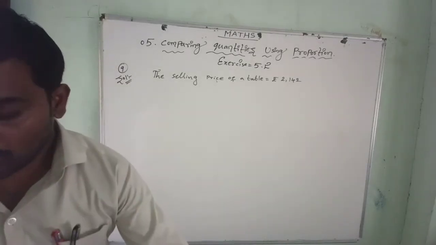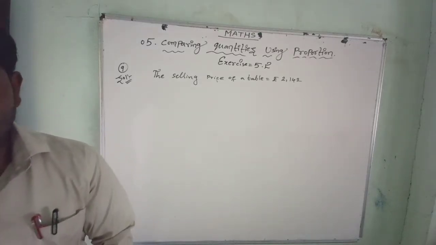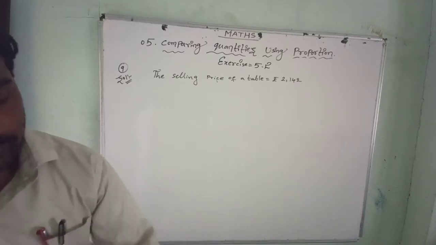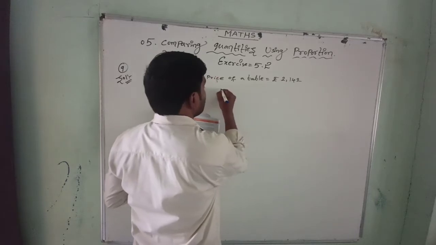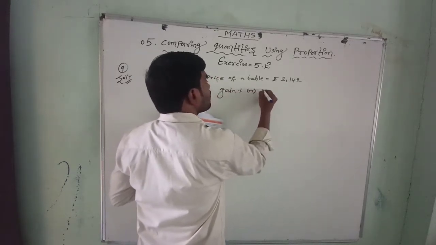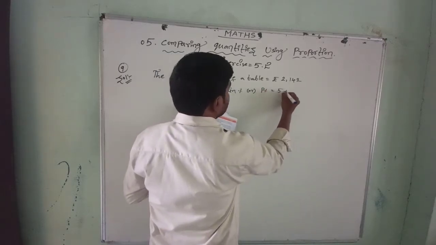That means you got a profit on it. How much profit did you get? Only 5% profit. So gain percentage or profit percentage is equal to 5%.